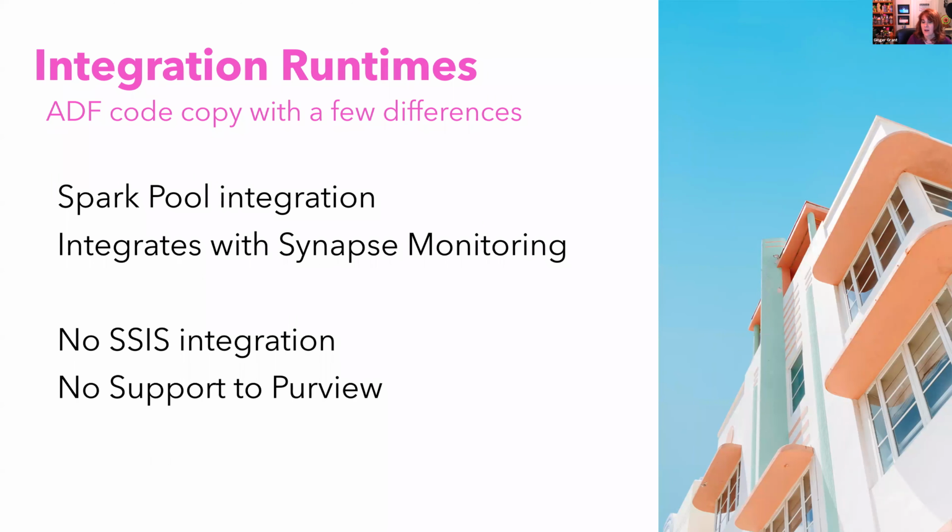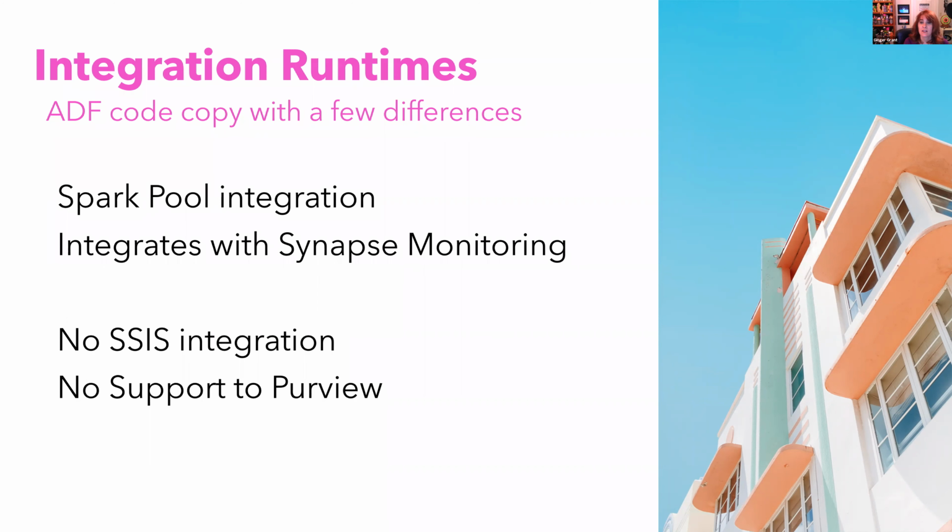A couple of differences may be a big deal breaker for you. I know it was for something I wanted to do: it's got no SSIS integration, which is a drag. So if you've got SSIS code and you want to lift and shift that, you can't use Synapse because it doesn't do that. And I don't know how many of you have played with Purview, which is the latest and greatest data catalog.